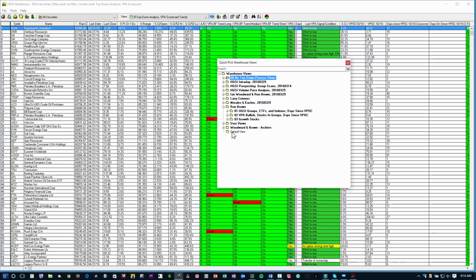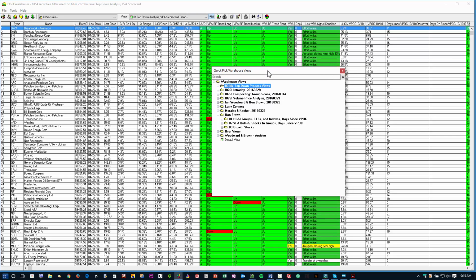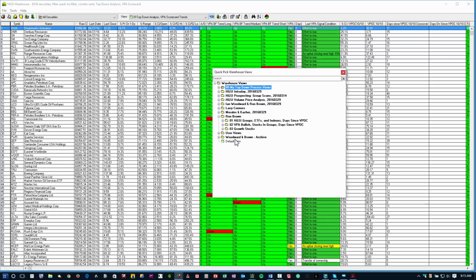If Ian gets heavily involved again and there's new material for Woodward and Brown, we'll certainly put it in there, but just to avoid confusion and to have everything that I'm working on, which includes what I'm calling an impulse system based upon the volume point of control and the force indexes and so on, that will all be under my category.